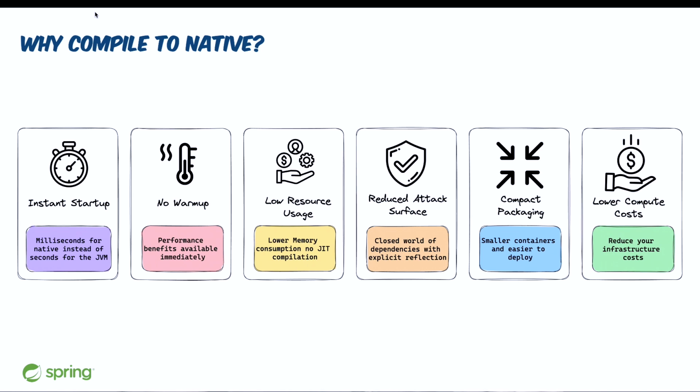When you have smaller containers, that can lower your compute costs. So we get a big reduction in infrastructure costs. I say big, but it really depends, right? If it's one app, it may not be that big of a savings. But when we talk about, hey, I saved this much on one particular instance, what if we're scaling that instance 1,000 times, right? So those are some of the reasons why you might want to compile to native.